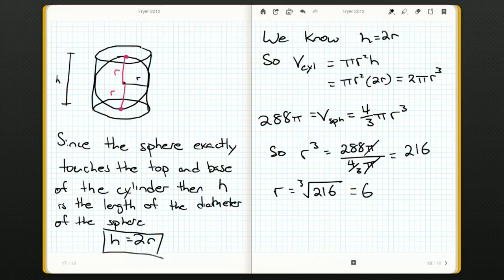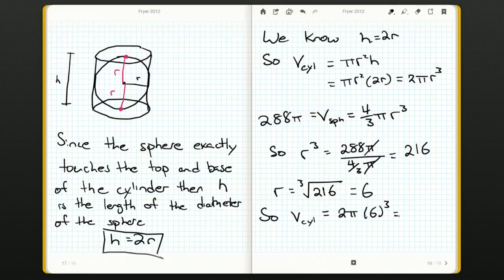That's something I have memorized, and maybe if you do enough of these contests, or you just like writing out powers, eventually you'll probably realize that 216 immediately pops in your head, that's 6 cubed. So now we know the radius is 6. So the volume of the cylinder is 2 pi 6 cubed.